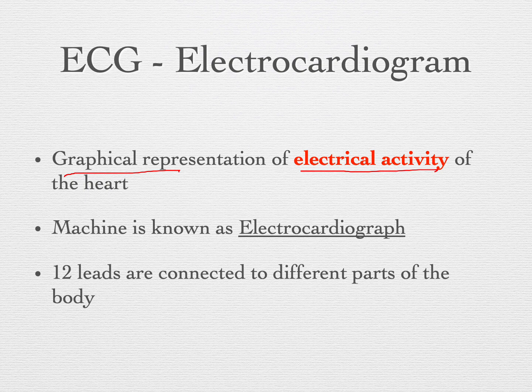A machine which is used to record this ECG is known as an electrocardiograph, and this point, although counterintuitive, will help with easy memorization. Finally, the machine consists of 12 structures known as leads, which are connected to the different parts of the body, and these leads measure the signals.